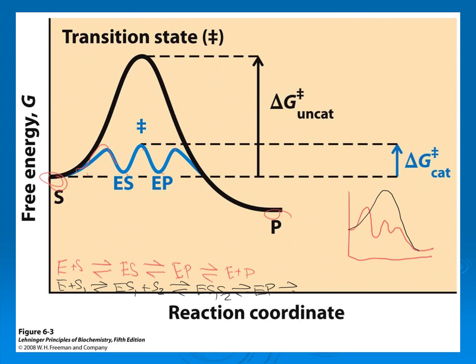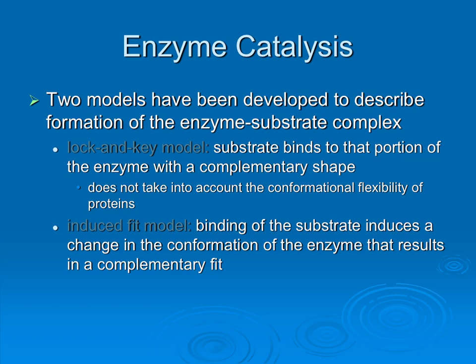So in this example, we will actually have four different steps. I don't know what it would look like overall, but you'd have the beginning, an ES, an ESS, an EP, and then product. So for every step along the way, you're going to have a transition state and a minimum.